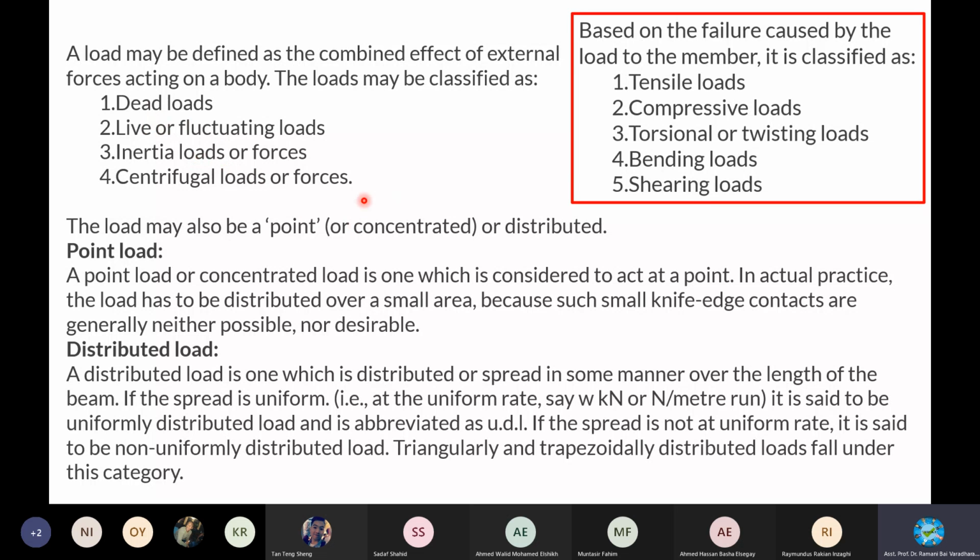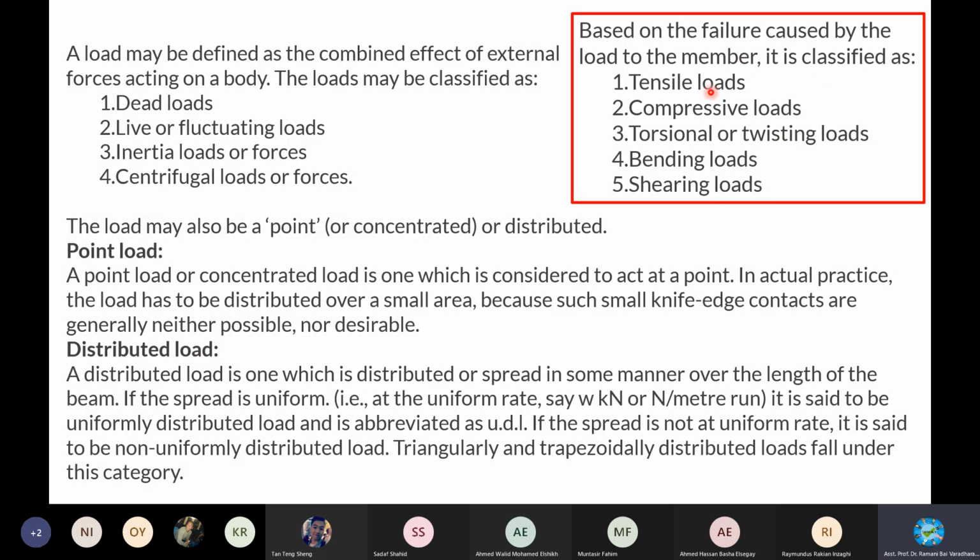If you talk about the mode of loading, it may be a point load which is concentrated at a point, or distributed. It may be spread over the member to a certain distance, over the whole member, a part of the member, or at some distance from the support, and so on. That is called distributed.